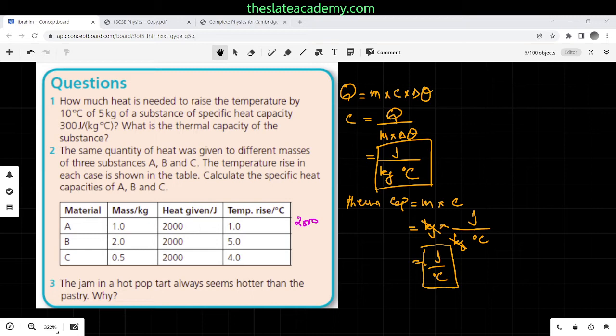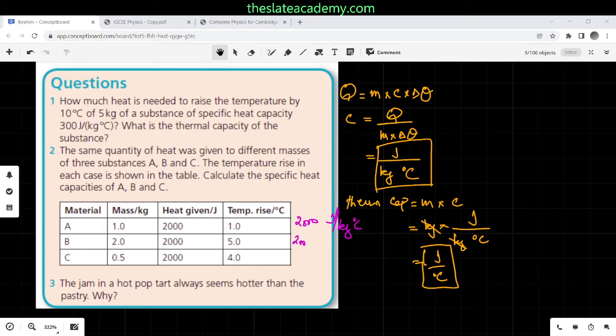E will be 200. And what will be the unit? We read it joules per kilogram per degree centigrade.